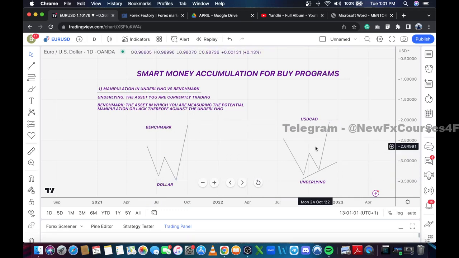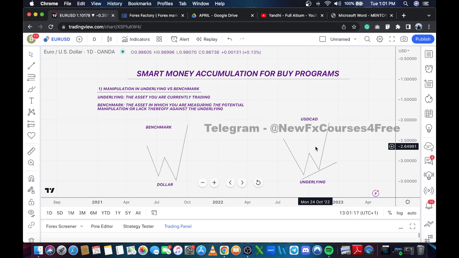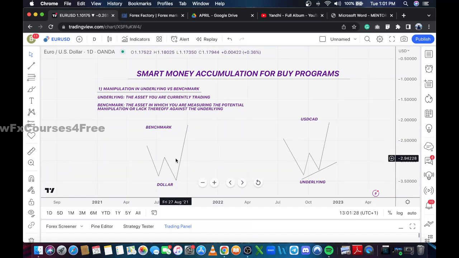Because what a lot of students from the past course tended to do was go into the marketplace looking for every swing high or swing low to have a divergence, and that's not how you utilize this concept. You don't just go into every swing high and every swing low looking for a divergence in price. Okay, that has to occur at an institutional level, otherwise it is null and invalid. Remember, this is just simply a confirmation of institutional participation. It is not an analysis in and of itself.